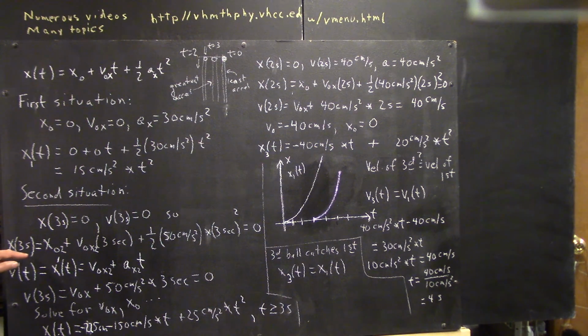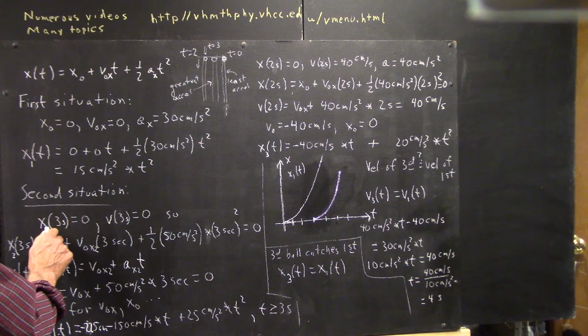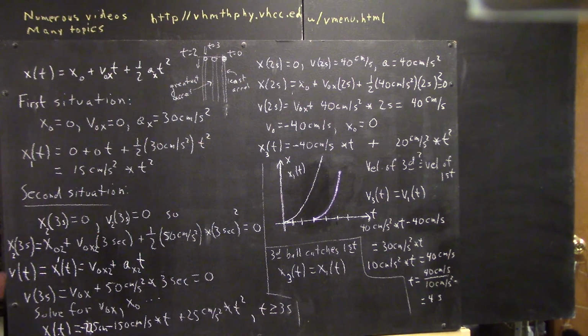So, x2 at 3 seconds, and I'll put the 2 on here and a 2 on the velocity, just again to indicate that this is the second ball on the second ramp.